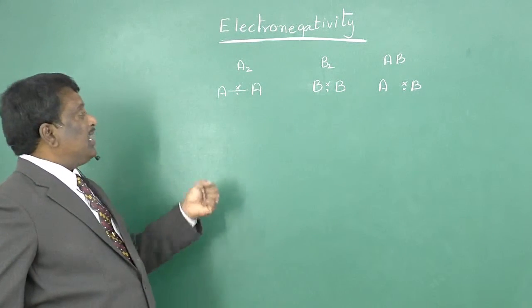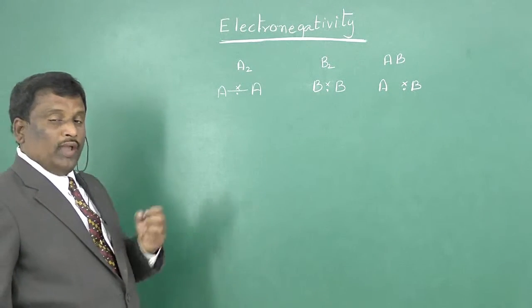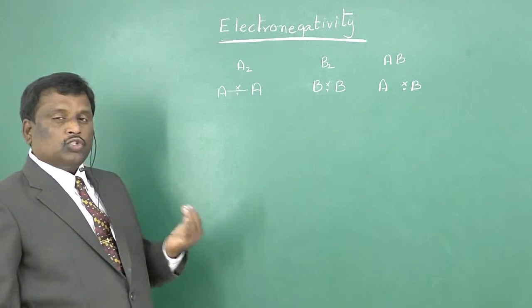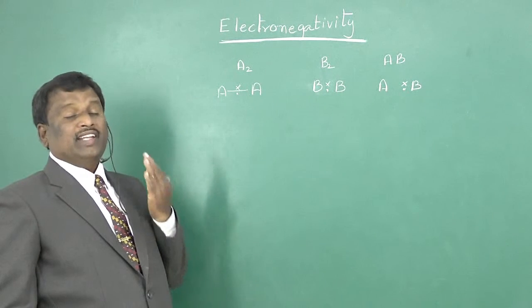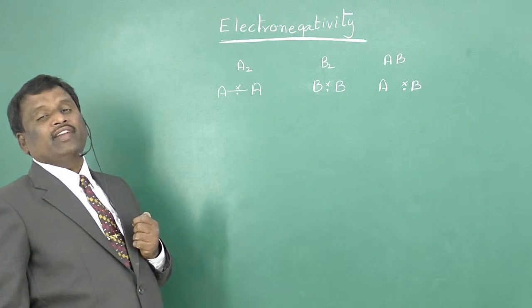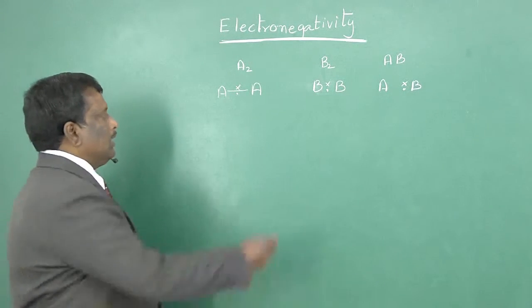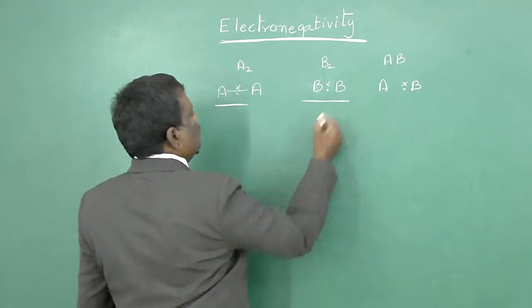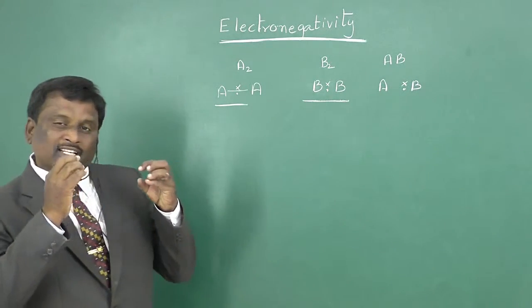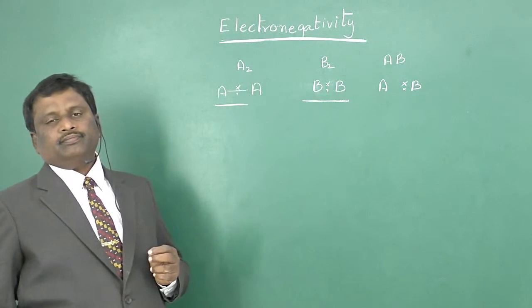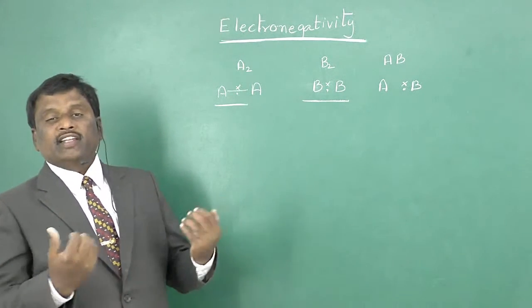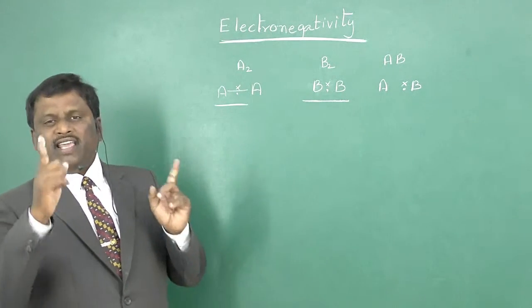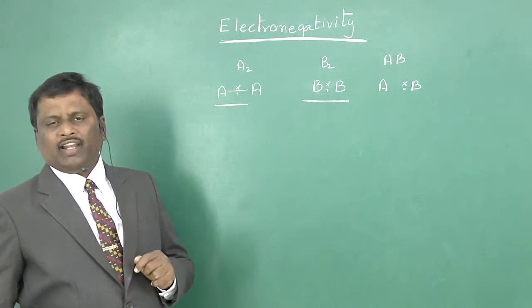Now, these atoms have a tendency to attract the bonding pair of electrons towards itself. That tendency is called electronegativity. Here in A2 and B2, the two bonded atoms belong to the same element, so naturally the tendency of those atoms is the same or equal in magnitude.